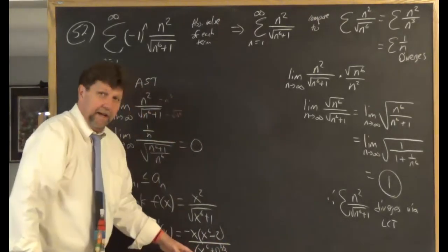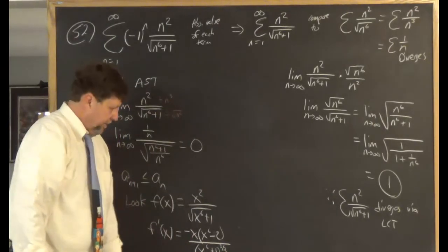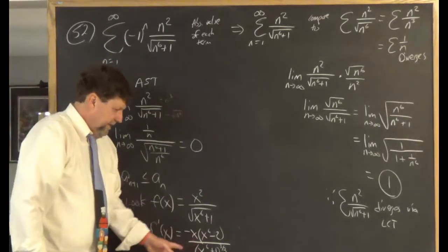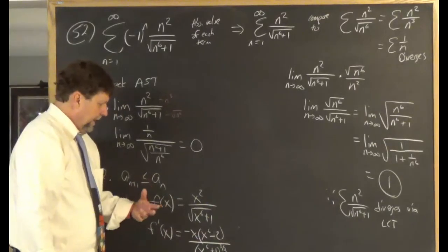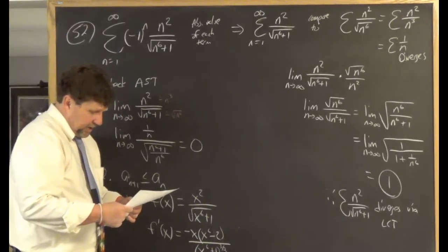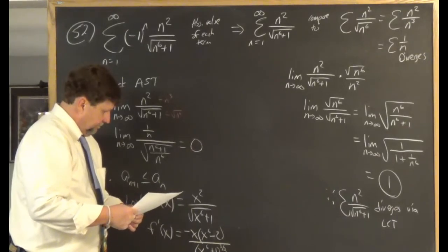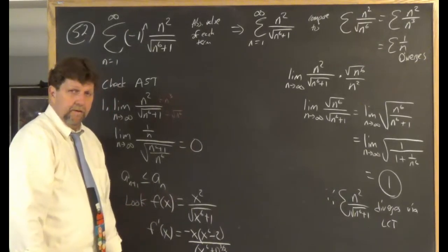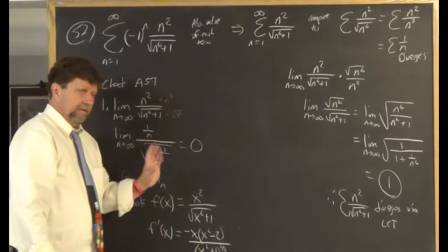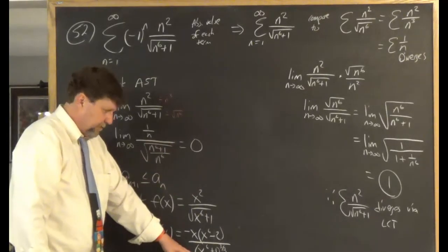Hopefully you can read that. I don't think I've ever gone this low on the board before. So you'll get this as the derivative, and I can look at this and say this derivative is always less than 0. It's always negative, at least on the interval we care about. The denominator is always positive.